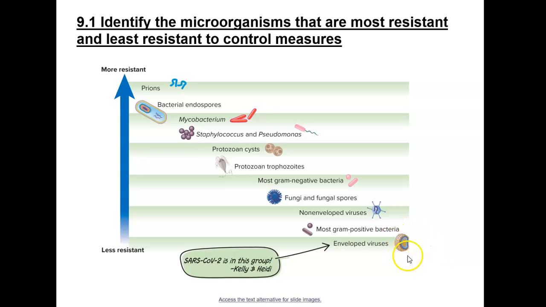I was glad to learn that SARS-CoV-2 was an enveloped virus because I know enveloped viruses are a little easier to kill than non-enveloped viruses. The bottom line is that different microorganisms have different sensitivities to these environments. If you can inactivate endospores, you can sterilize, and Mycobacterium tuberculosis is also particularly resistant to microbial control.